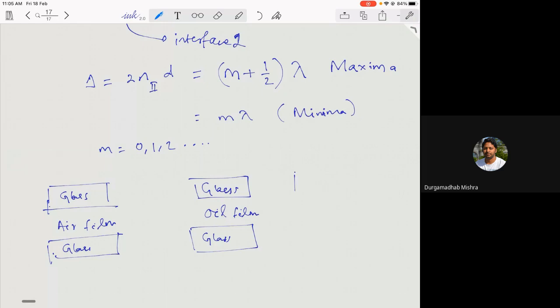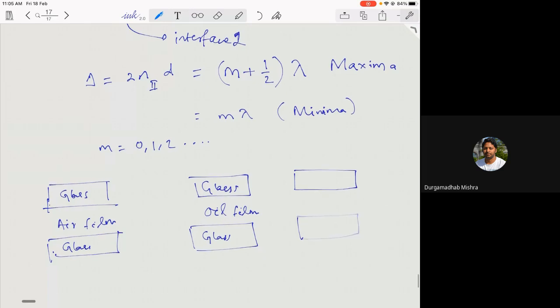Now you have another possibility. This may be a glass, this is, let's say, an oil film, and this is a flint glass where the refractive index is much higher.